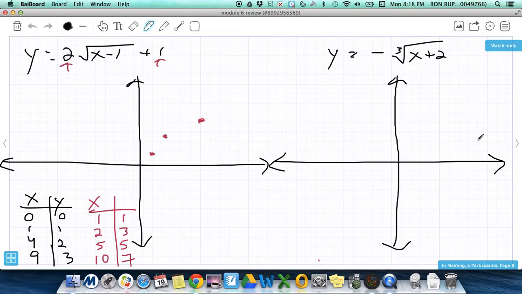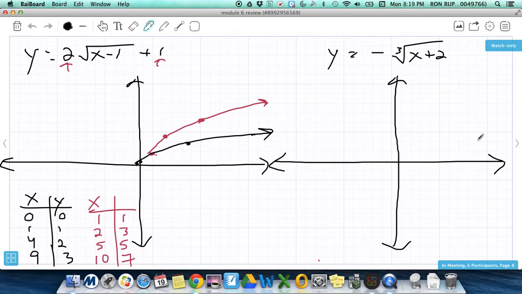And recall that the parent radical function looks like this: 0, 0, 1, 1, 4, 2, and 9, 3. So that's what the parent function looked like. So you can see it has moved to the right one, up 1, and it is stretched by a factor of 2. Pretty crazy, right?